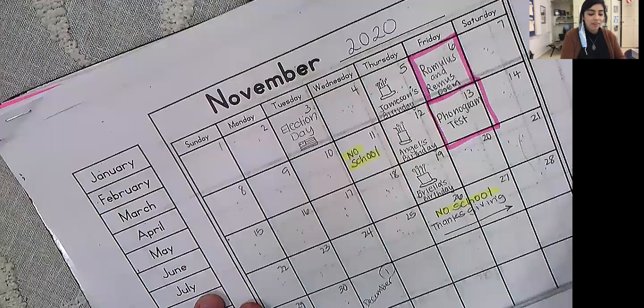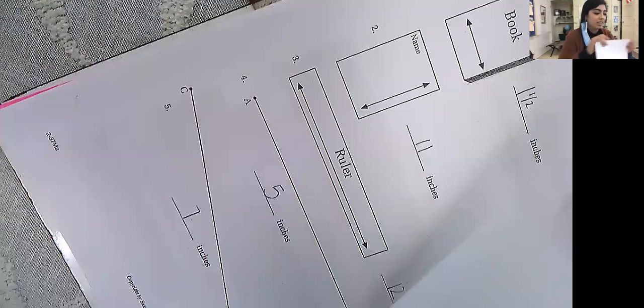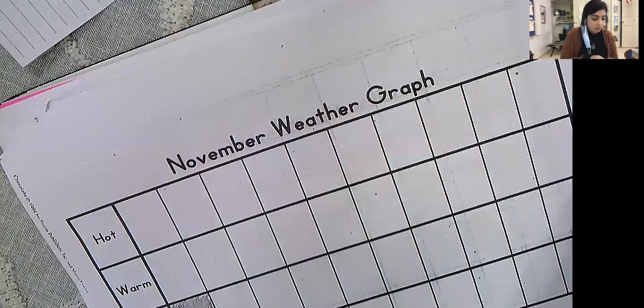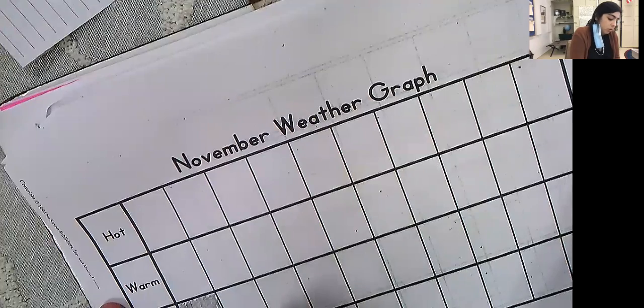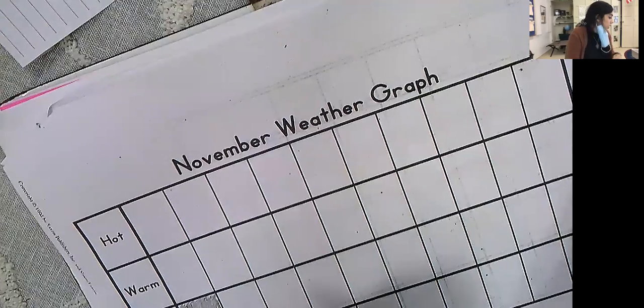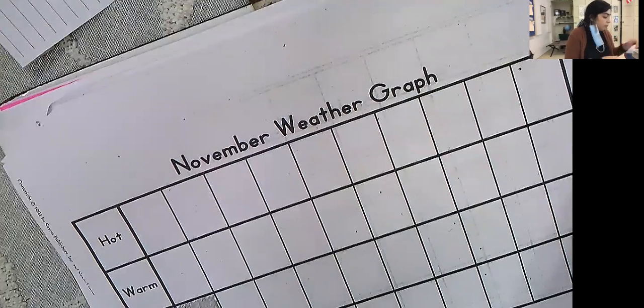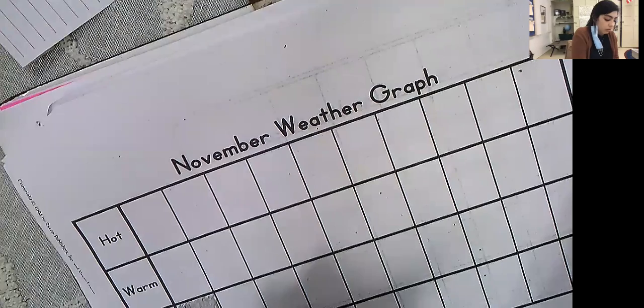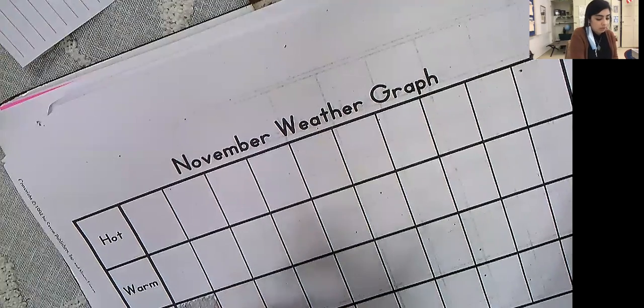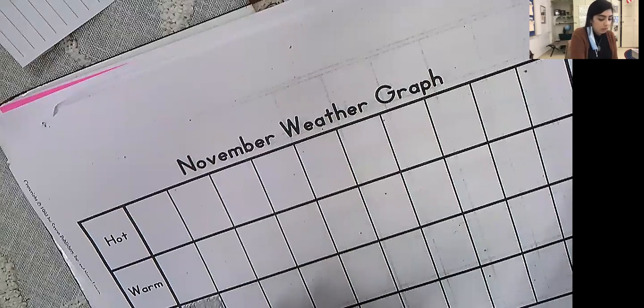Now let's take out our weather graph. We didn't do it yesterday, or for the last couple of times, so we're a little behind, but that's okay. It's been really cold lately, hasn't it? I'm gonna use orange. It was cold yesterday. Yesterday was November 9th.